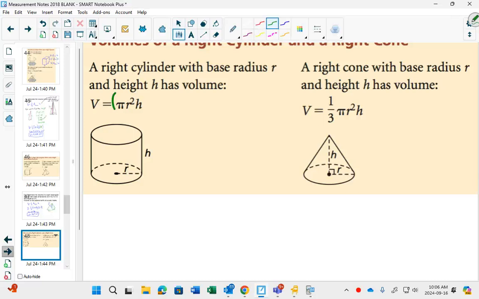Notice the volume of a cylinder in the green brackets. Do you recognize the formula that's inside these green brackets? What does pi r squared represent?